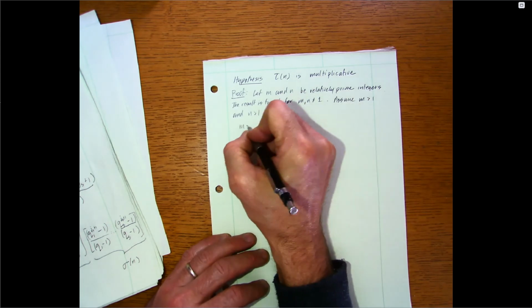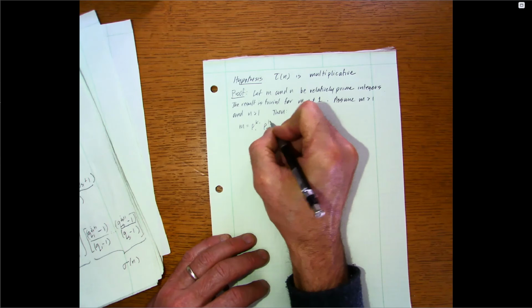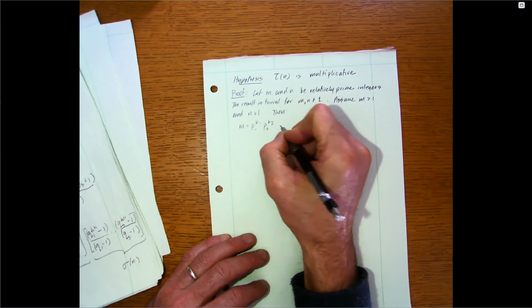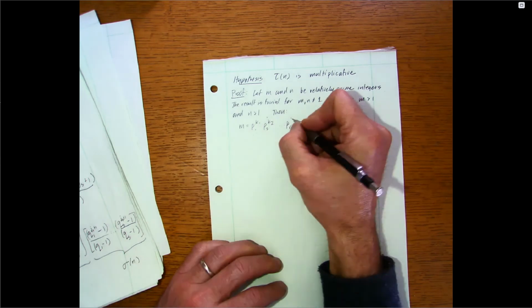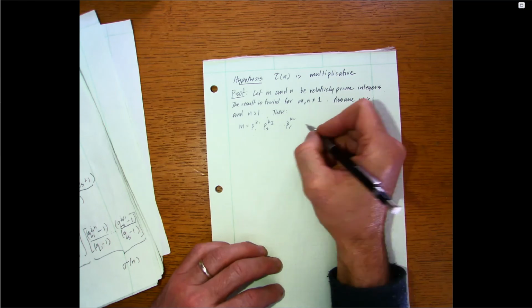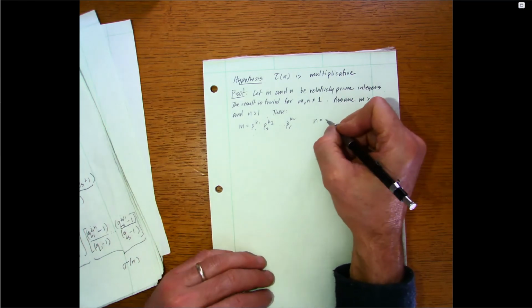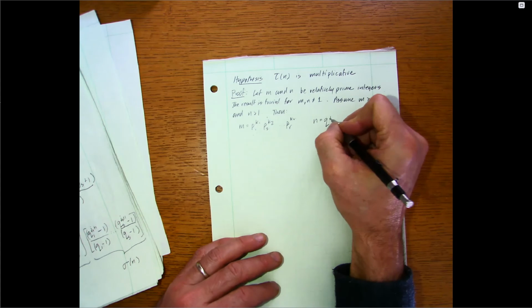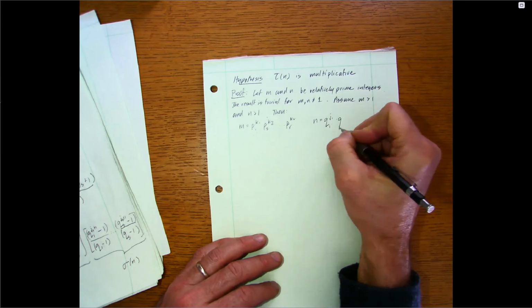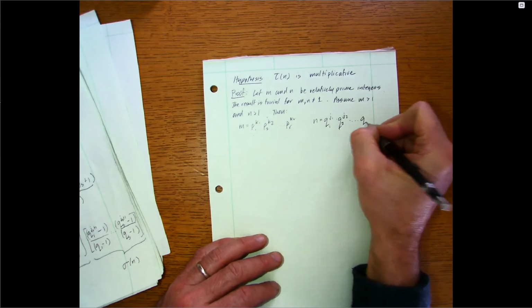Well, then m has some prime factorization: p1 to the k1 times p2 to the k2, all the way up to pr to the kr. And n will have a different, potentially different, prime factorization: q1 to the j1 times q2 to the j2, all the way up to, say, qs to the js.